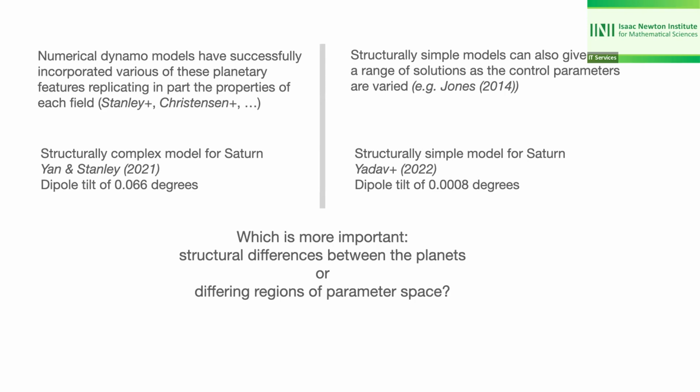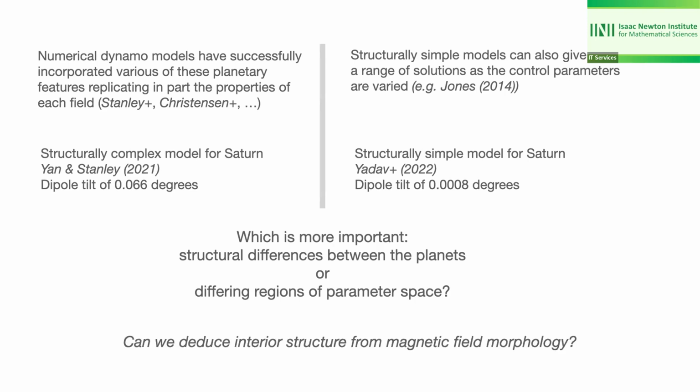It's some of each. But it does mean we've got to be careful if we try to induce interior structure from the magnetic field morphology, because we know, at least in this demonstration for Saturn, that we can produce extremely simple, very low dipole tilt with a very simple model without having to appeal to extra complexity.